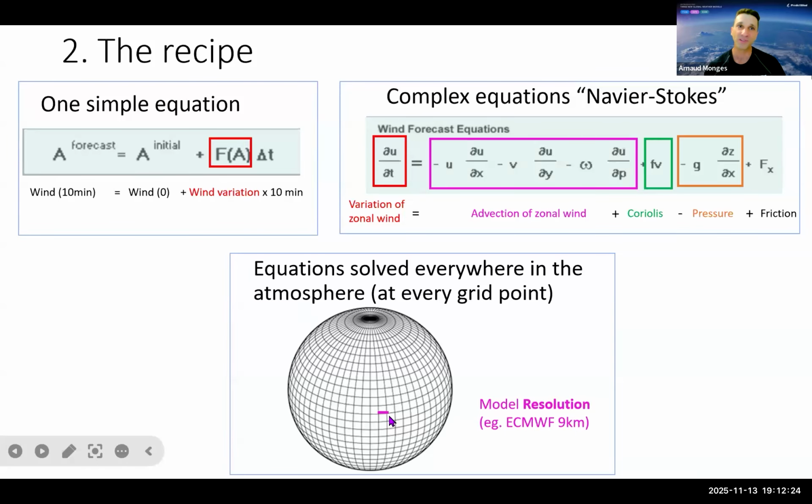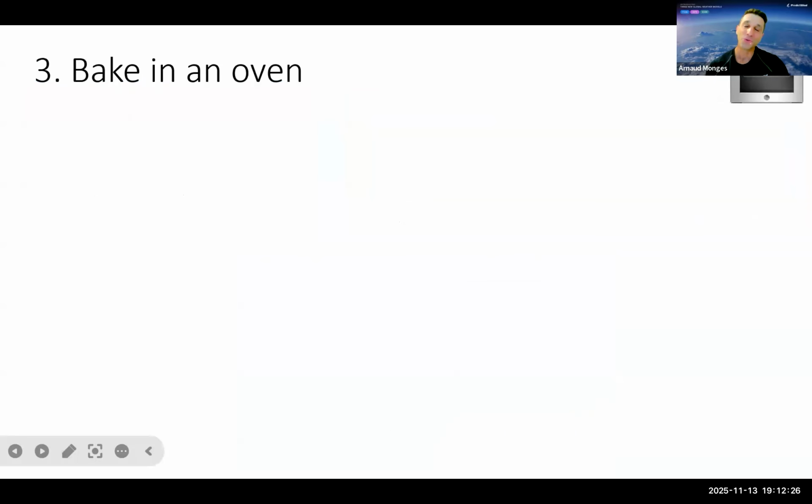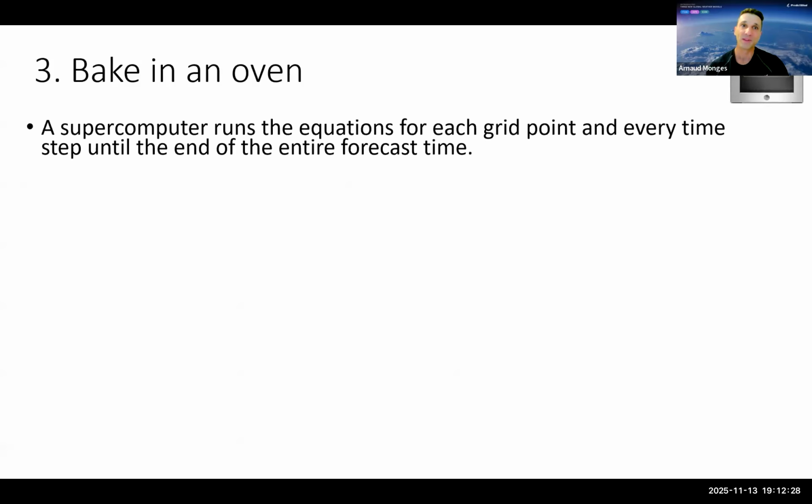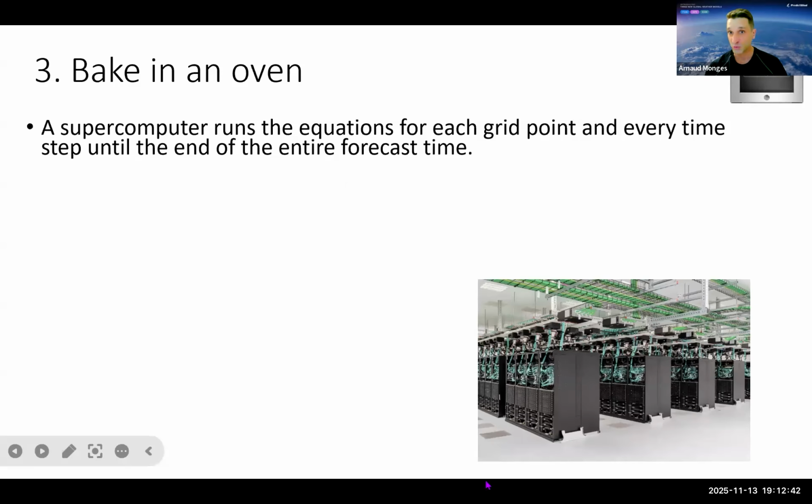So now that we know the recipe, we need to do the cooking, the baking. Okay, so in our case, we need to use a supercomputer to run those equations for every grid point, for every time step, during the entire length of the forecast. So this is what we need.